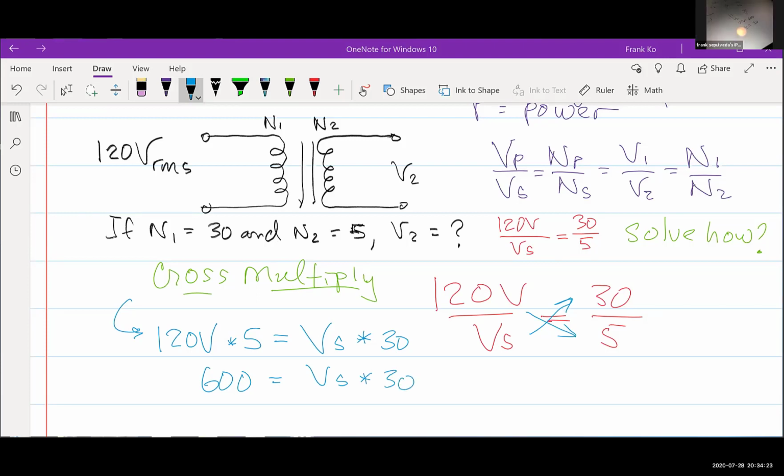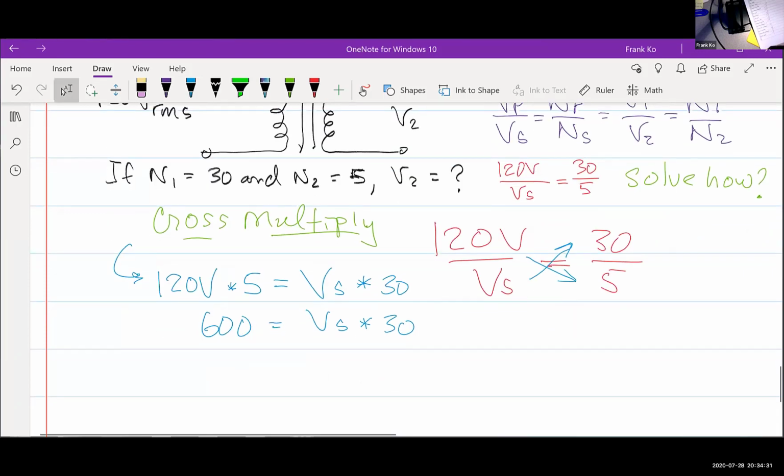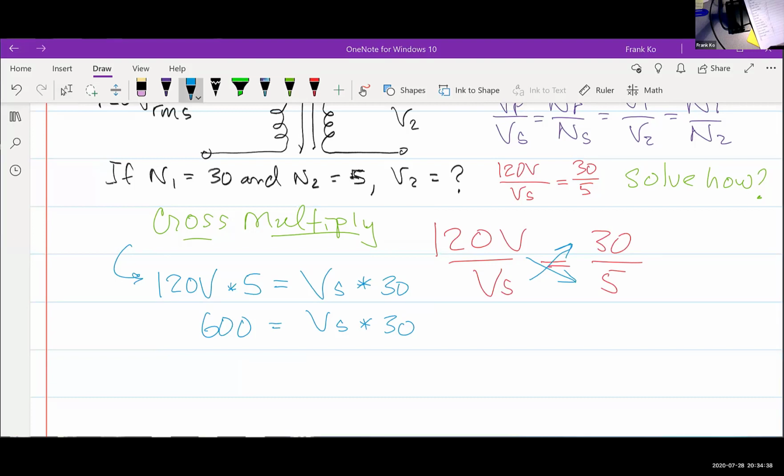Have I taken this from 4 expressions now down to 3 expressions? Now I have one more thing to do in order to isolate Vs. How do I move the times 30 from this side to the other side of the equation? What is the maneuver I'm going to do here? Question goes to Kirsten.